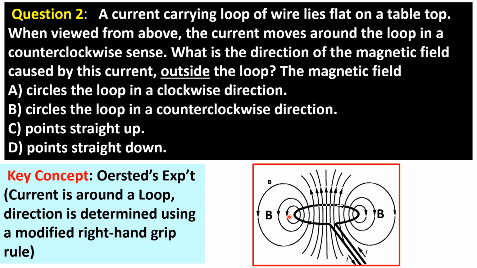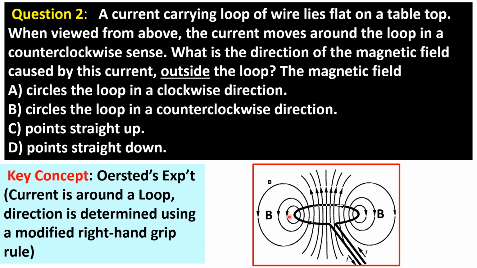But again, the use of the right hand grip rule has now been modified. The original right hand grip rule is such that the thumb represents the direction of the current in a vertical straight wire.